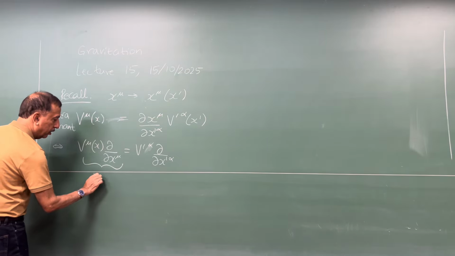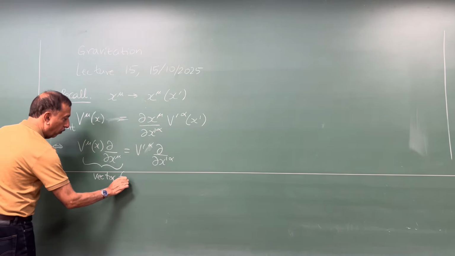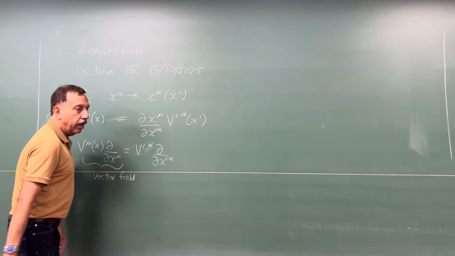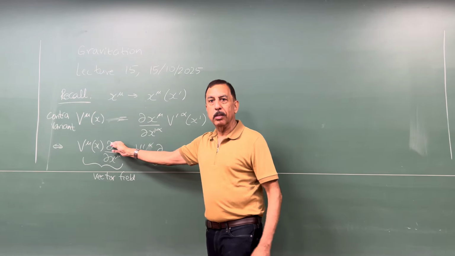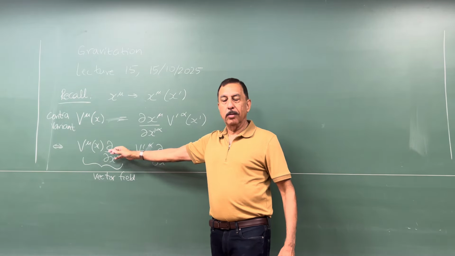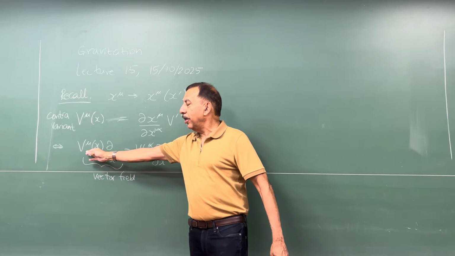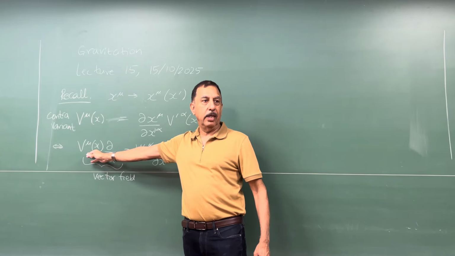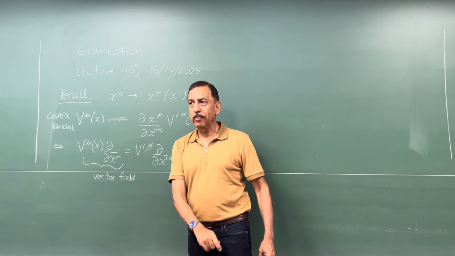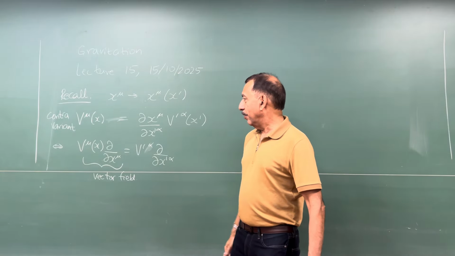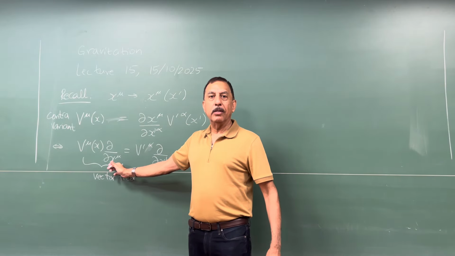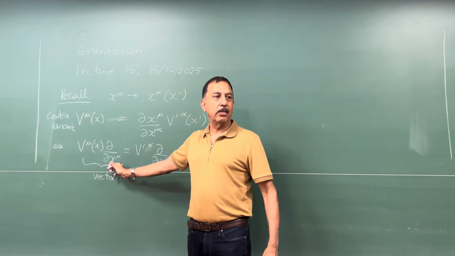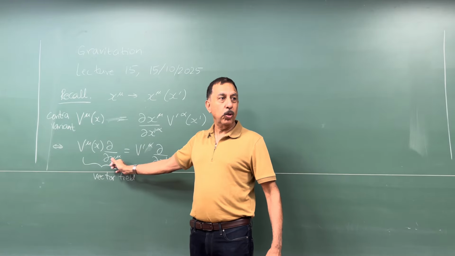They call this a vector field. And this is a differential operator. That's clear. It's basically a gradient operator, but with some function in front, with some components. And the point is, obviously this operator depends on the coordinate system, because if I change coordinates, this will change by the chain rule.